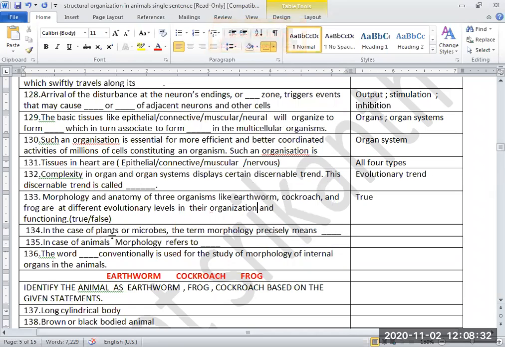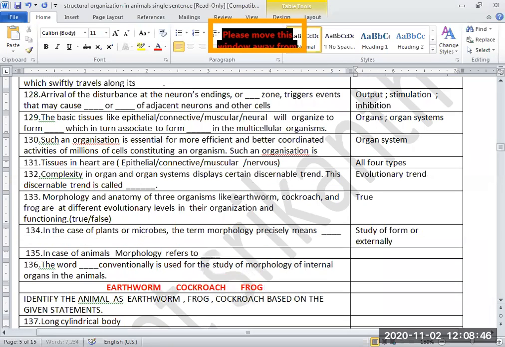In the case of plants or microbes, the term morphology precisely means study of form or externally visible features. In the case of animals, morphology refers to something different, so there is a different meaning for morphology in plants and animals.